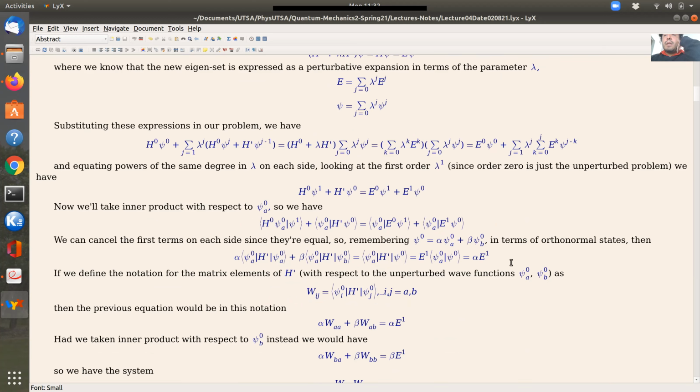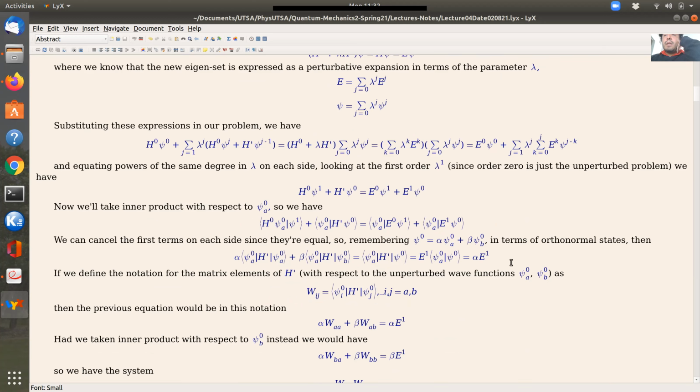The reason it died out is because we're taking inner product with psi 0a. When we do the expansion, the E1 will come out as a scalar, and so the term related to psi 0b will die out. And so that's why we only keep the coefficient alpha in here.